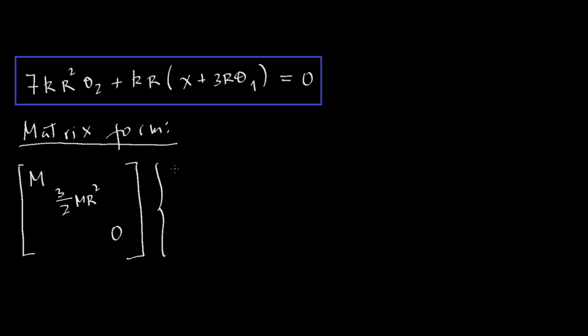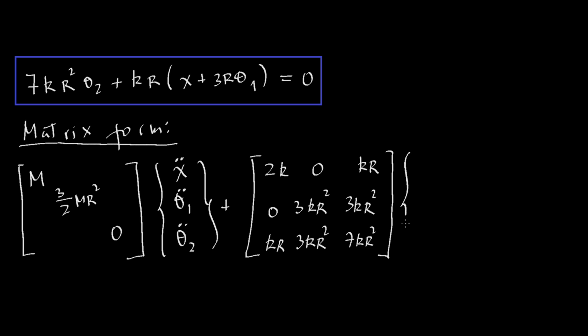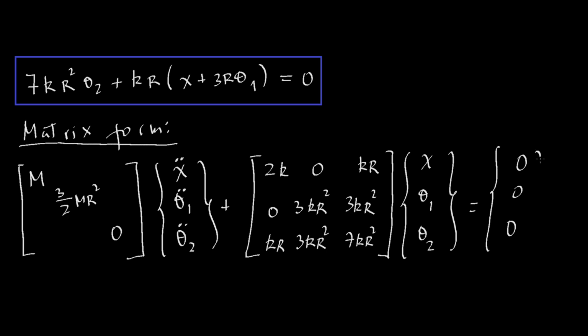L is this vector, x 2 dot theta 1 2 dot theta 2 double dot plus this matrix multiplied by this vector, all is equal in our case to this zero vector here.